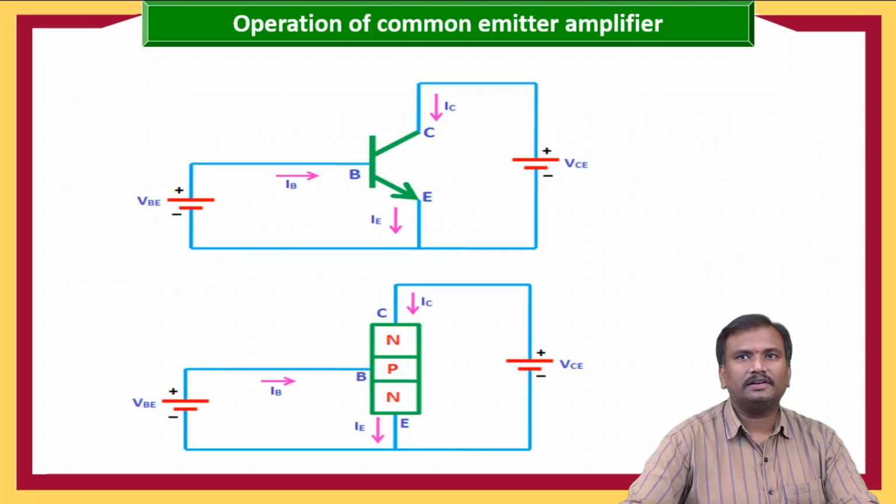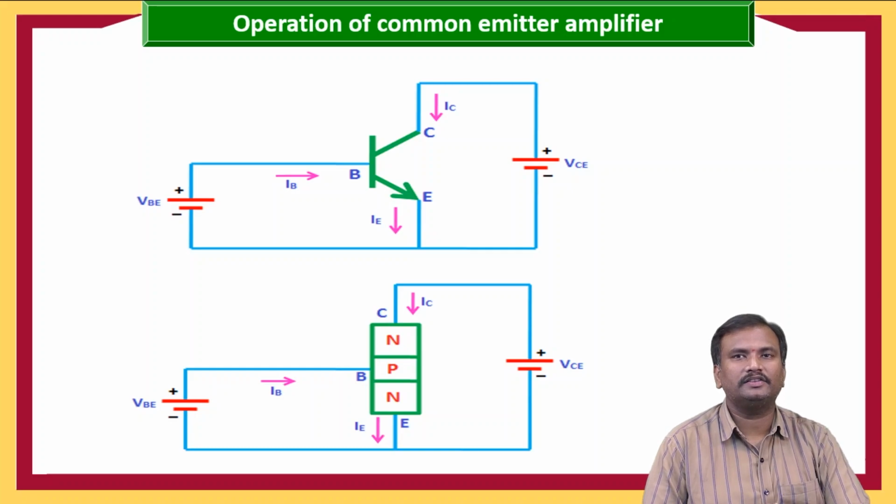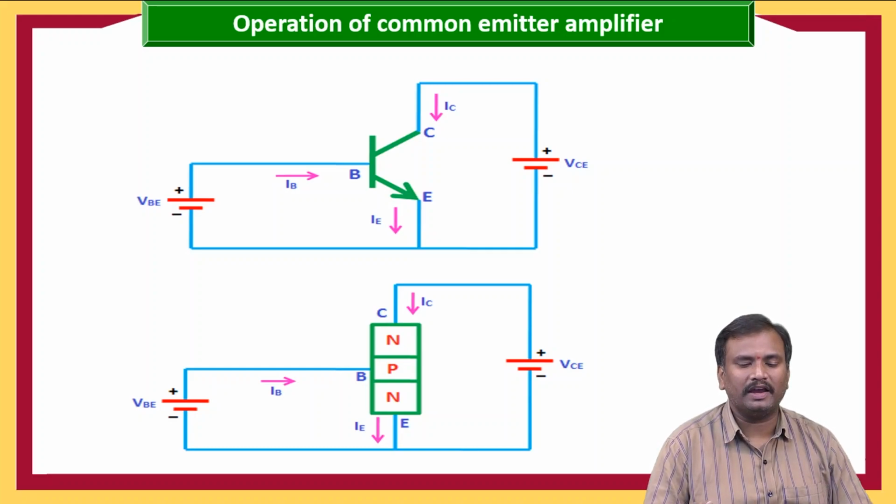This is the basic circuit diagram of common emitter amplifier. In this, always we need to have the emitter junction forward biased and the collector junction reverse biased.